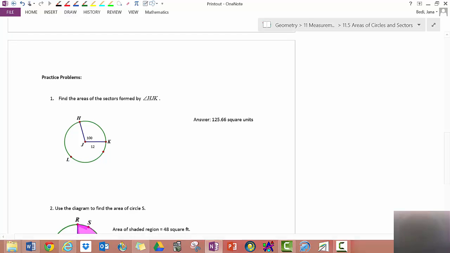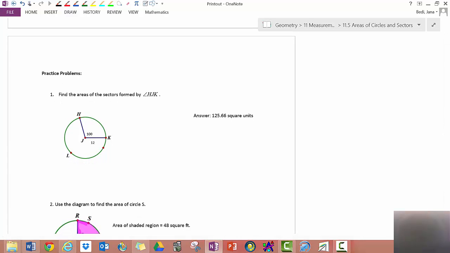Okay, armed with this formula, you need to find the area of the sectors by HJK. When it says areas of the sectors, it really should be area, because we do want to find the area. The second answer which is missing here is 326.73 square units.